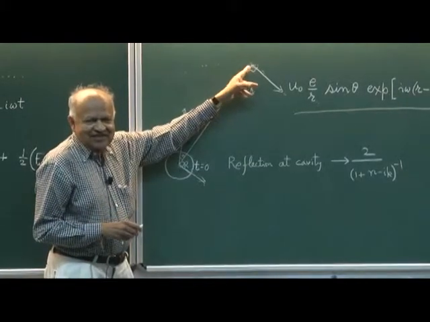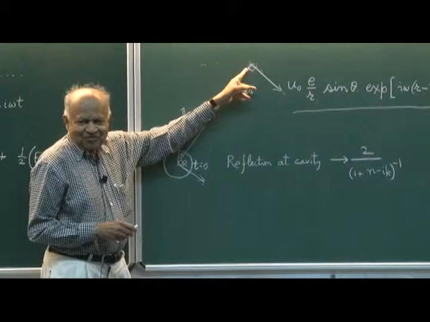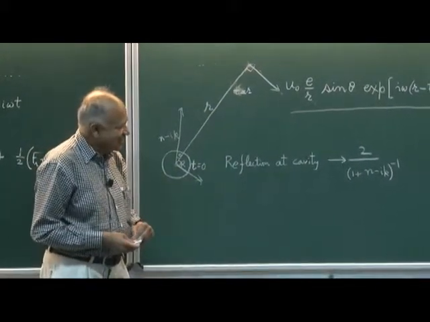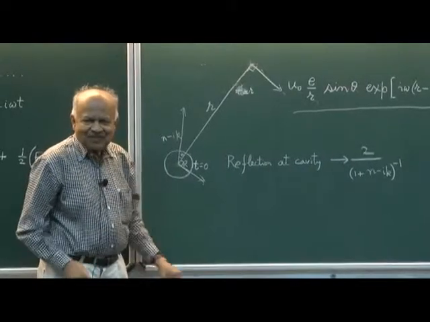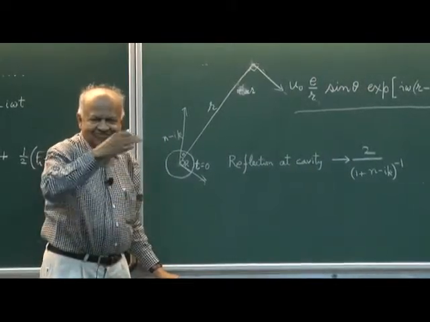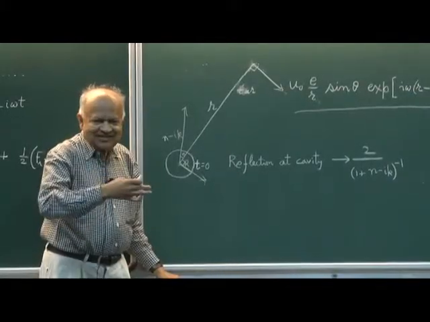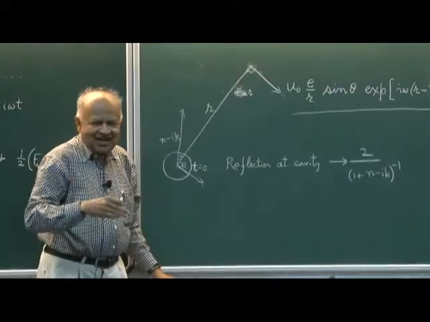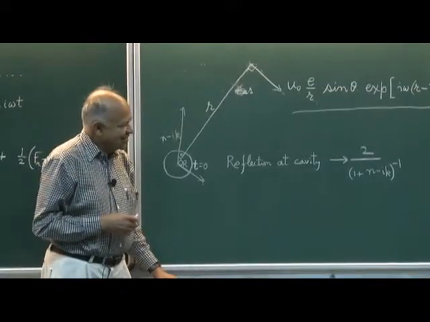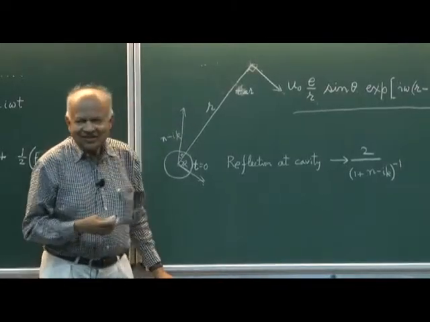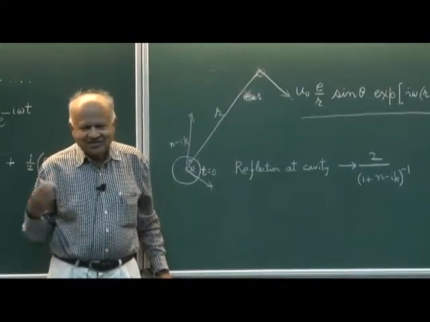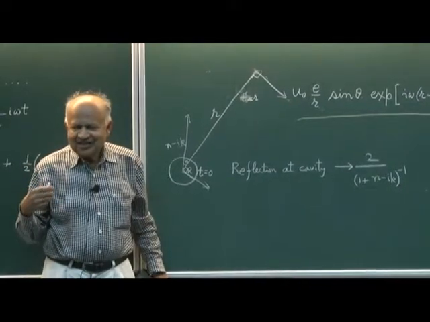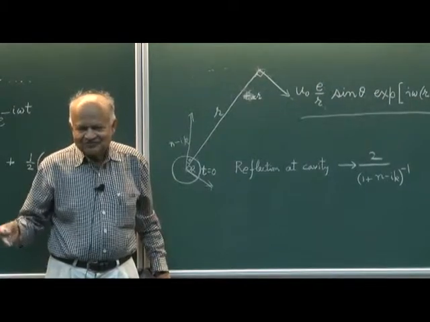So the entropy has gone down in this process, and if you want the retarded and advanced fields to be consistent, you have to have situations where the entropy of the universe decreases after this experiment is done. Therefore, they said you are going against the second law of thermodynamics, and therefore the advanced field can be ruled out.